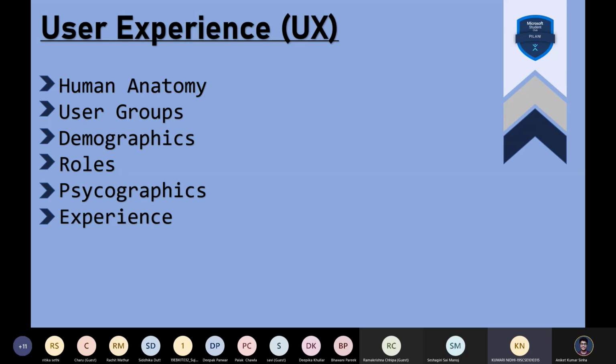At a minimum, the text should be at least 16 pixels so that you can read it with ease. The range up to which your eyes can read is very important. So this is how human anatomy affects UX design. If the text size is very small, it does not give you a good user experience.